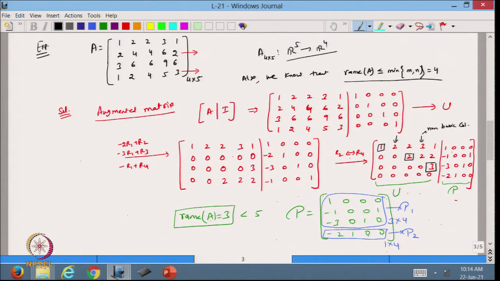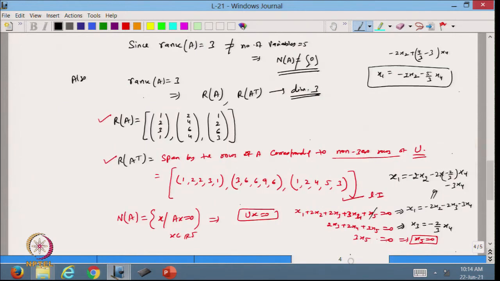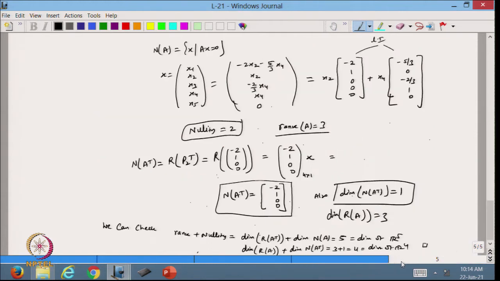We also showed the non-singular matrix P, the rows corresponding to the zero rows in the echelon form, and using this we showed the relation that the range space of P2 transpose is equal to the null space of A transpose. The same thing we are going to discuss now.